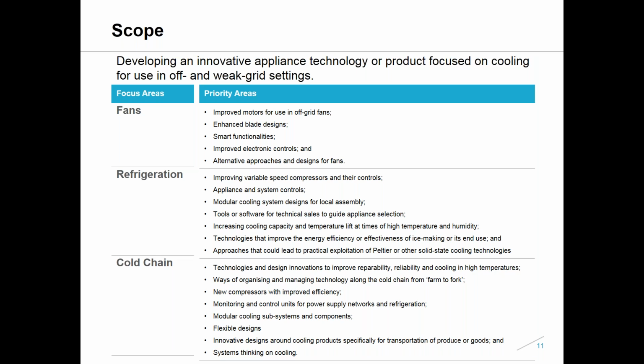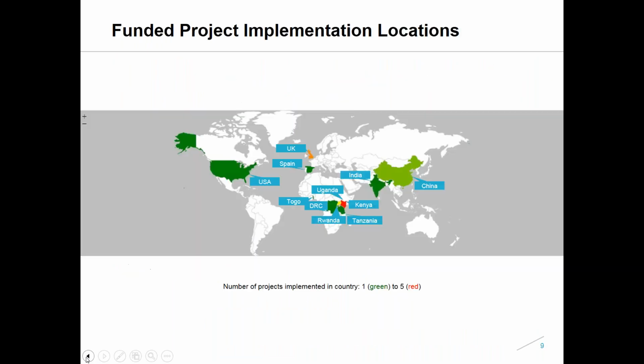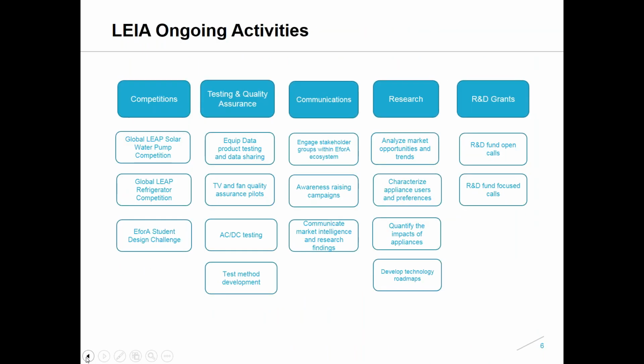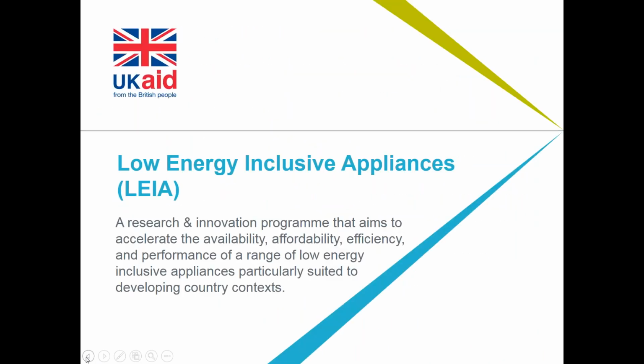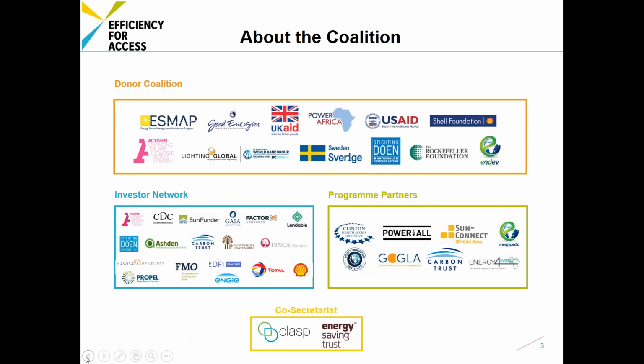Chris, would you be able to go back to the slide showing the coalition and the investor network? So we want to help our grantees as much as possible to scale up their innovations if they're successful in their projects.